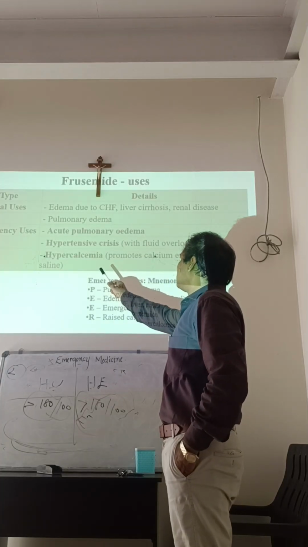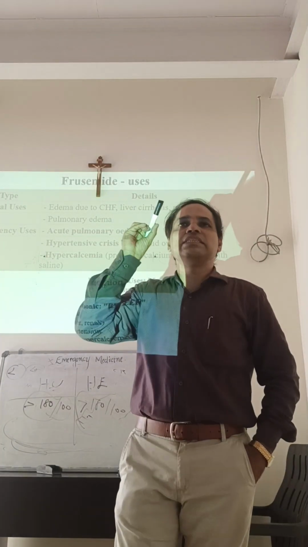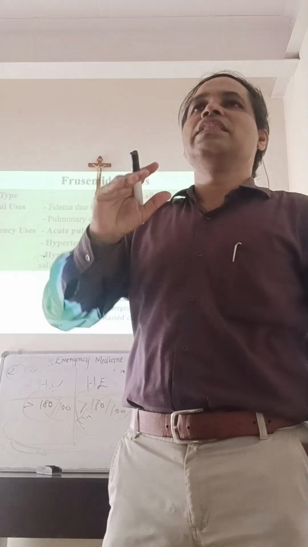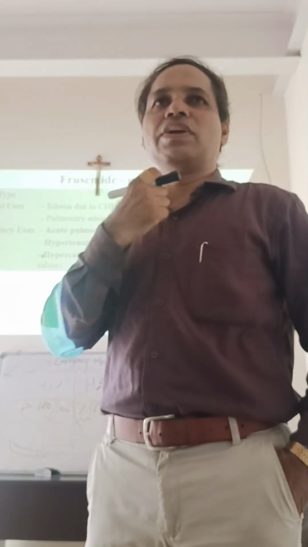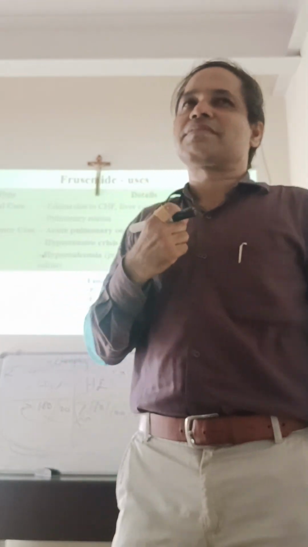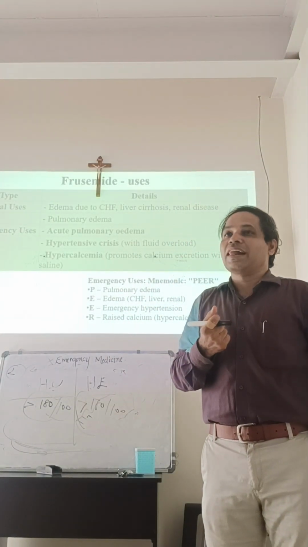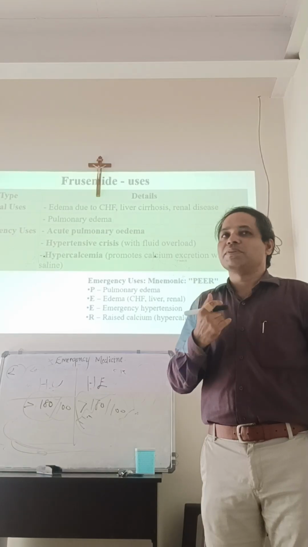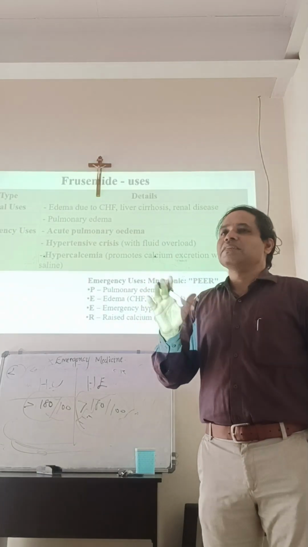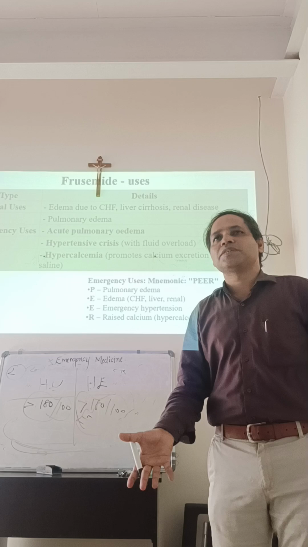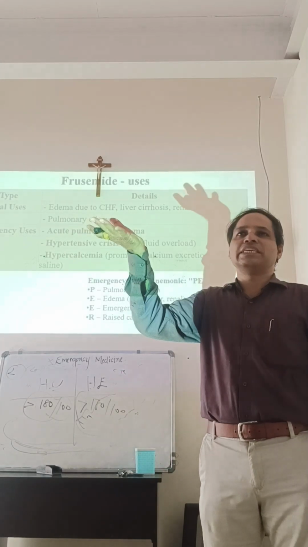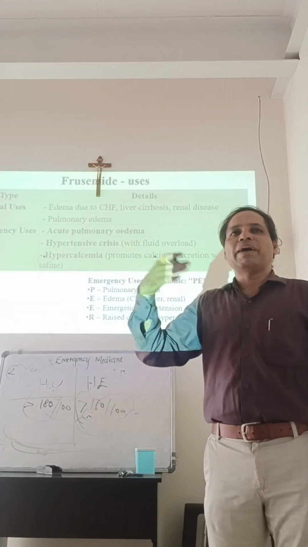And hypercalcemia, you tell me, there is an increase in the calcium level in the plasma. Can you use diuretics? Yes. How? You know the mechanism, tell me. There is a condition where the plasma calcium level is too high, and I don't want calcium going back to the blood.